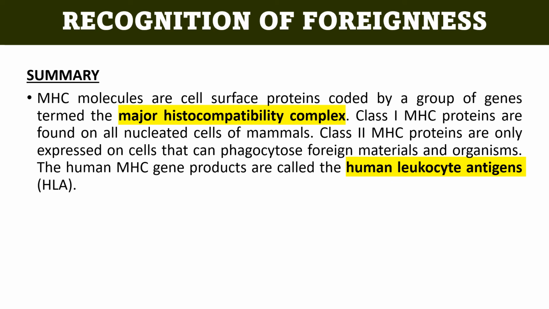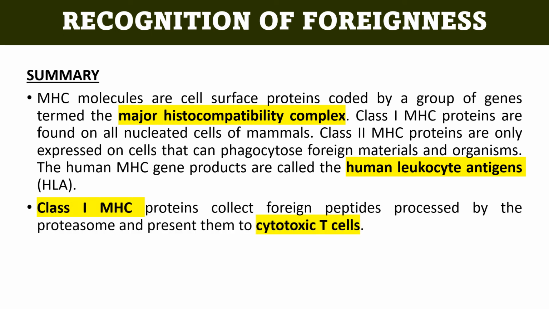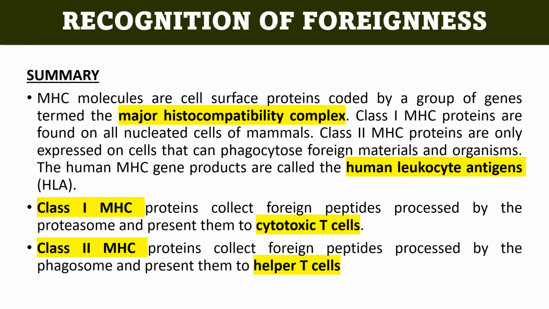The human MHC gene products are called the human leukocyte antigens or HLA. Class 1 MHC proteins collect foreign peptides processed by the proteasome and present them to the cytotoxic cells, and class 2 MHC proteins collect foreign peptides processed by the phagosome and present them to the helper T cell.